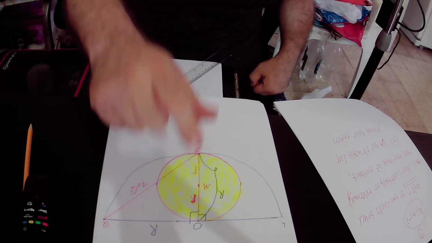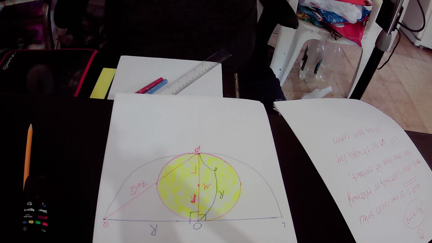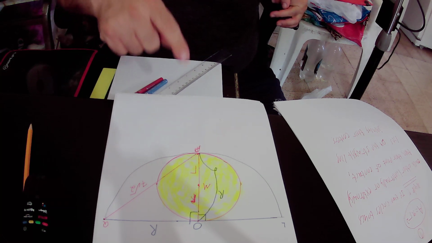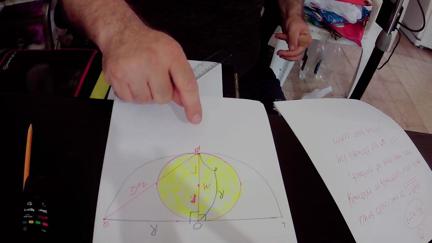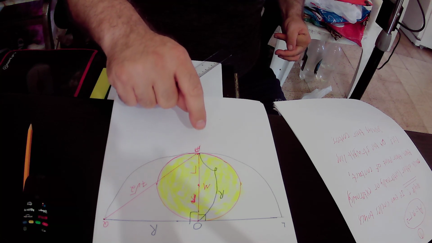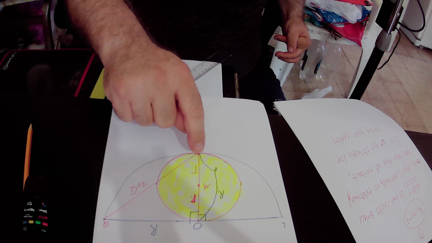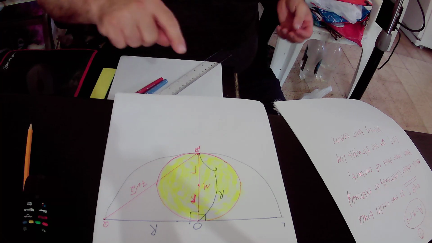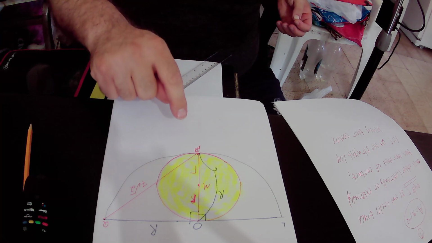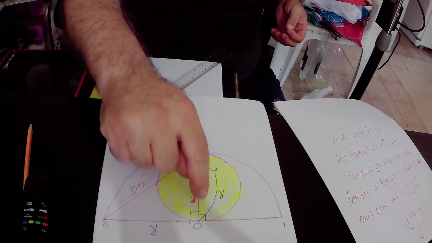That is to say, PMO is a straight line, because point P lies on the same straight line as MO.